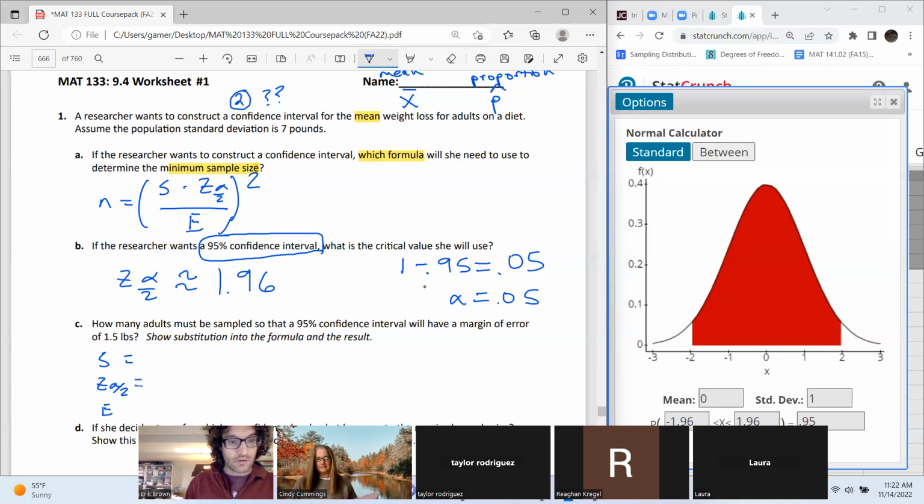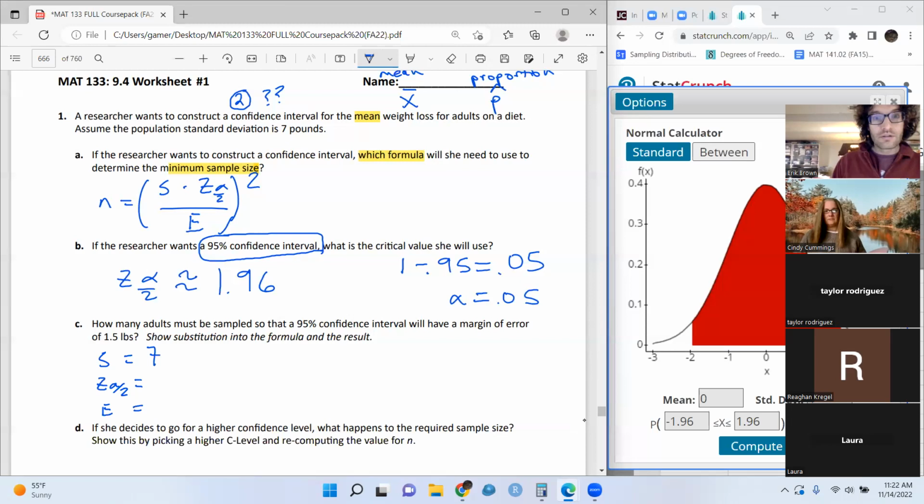Okay, what's your S? 7. Good. Does everyone know how we found that S? The standard deviation is 7. Right here, we're told this is the standard deviation.